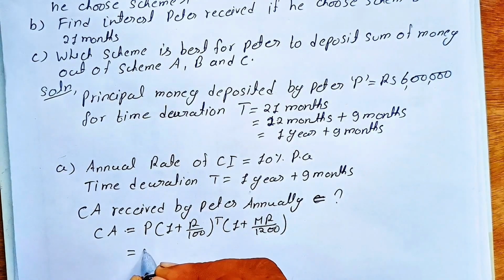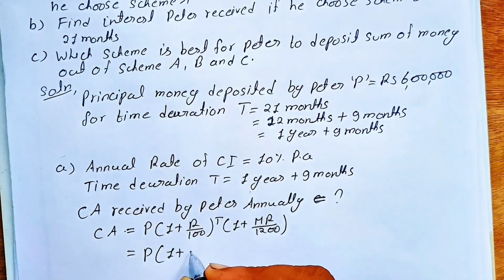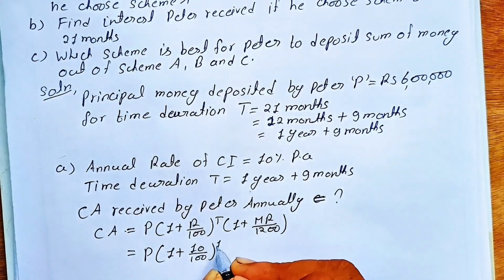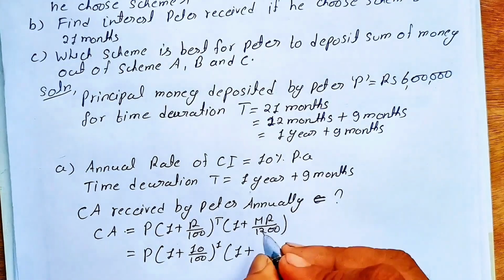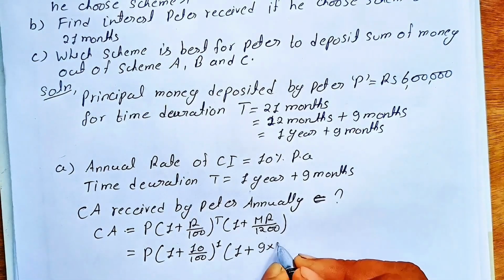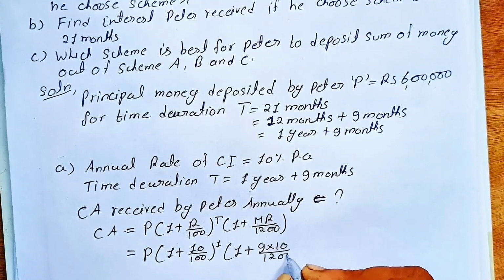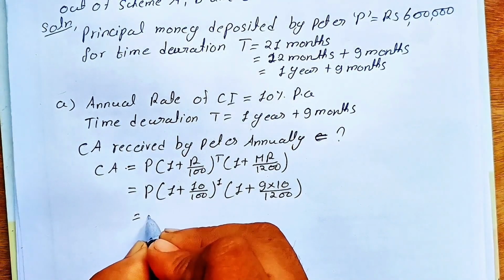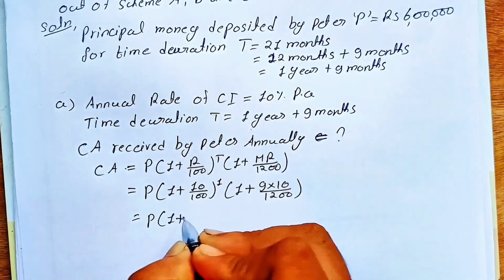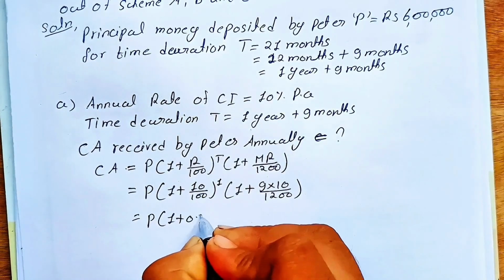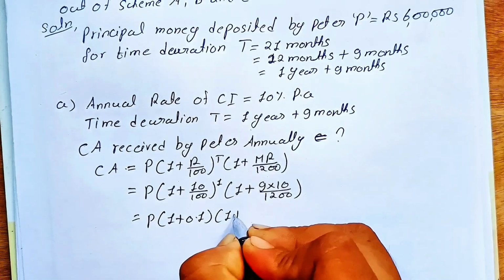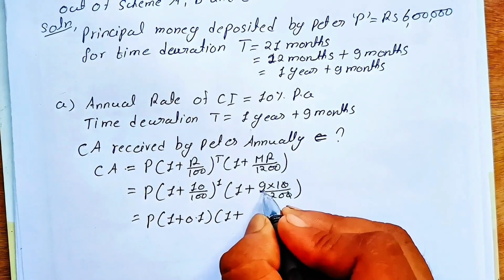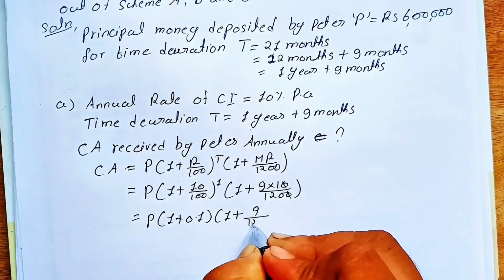Now we put in the values: P(1 plus 10 upon 100) to the power 1, times (1 plus the 9-month rate, 9 times 10 upon 1200). 1 plus 10 upon 100 becomes 0.1, and the 0s cancel, so 9 times 10 upon 1200 remains as 9 upon 120.